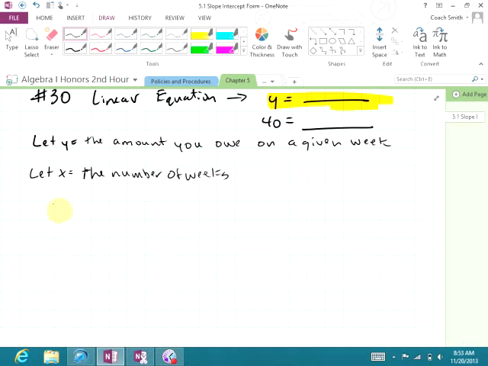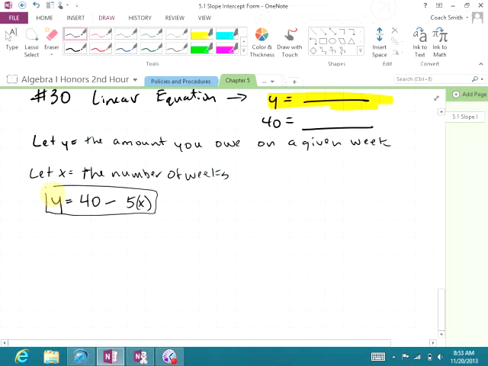So, we don't know what our weeks are going to be yet. We just know that y is equal to the amount we borrowed minus 5 times the number of weeks. And so we can plug in any number for x and figure out how much we owe at that time. So this would be it in linear form.